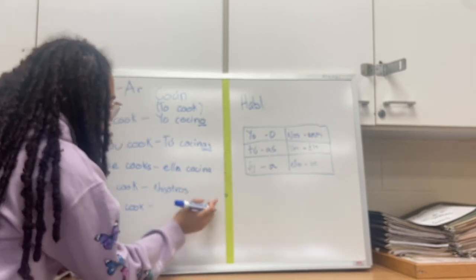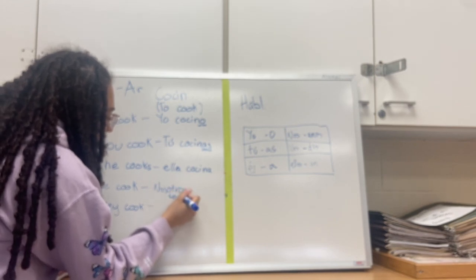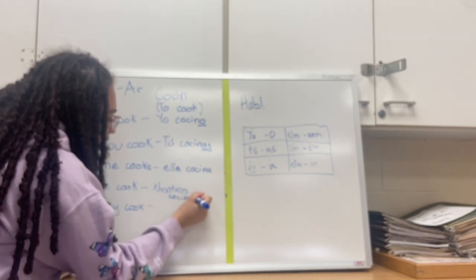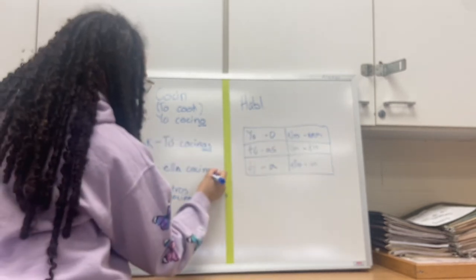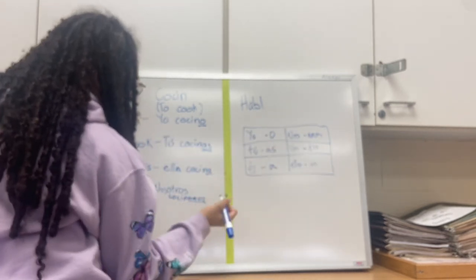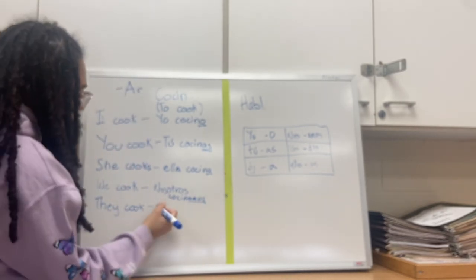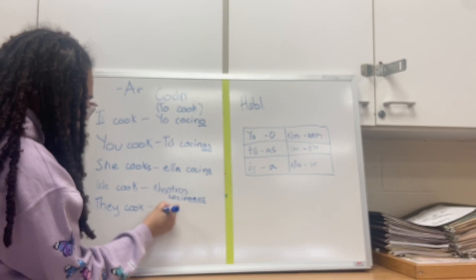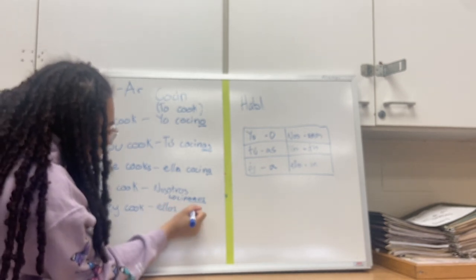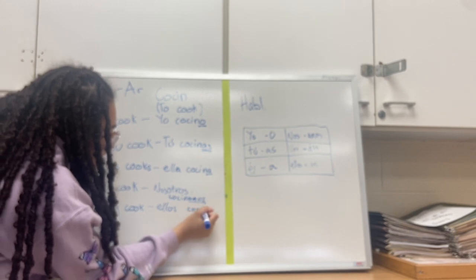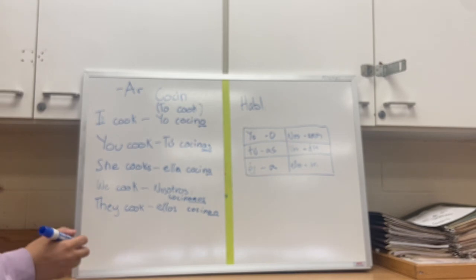I'm going to write it again just underneath. Cocinamos. Put the amos here. And then we have for ellos, we say ellos cocinan. We have that an right there.